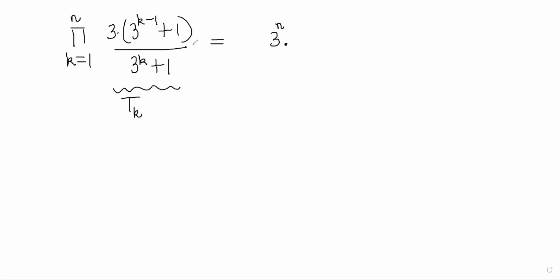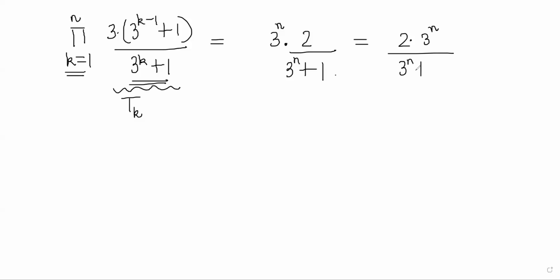And what you will get is when you put k is equal to 1, you will get a 3 power 0 plus 1, 2 on top, which doesn't get cancelled. And when you put k is equal to n, you will get the denominator. So that will be 3 power n plus 1 in the denominator. So you are going to end up with 2 into 3 power n by 3 power n plus 1 if you had n brackets.